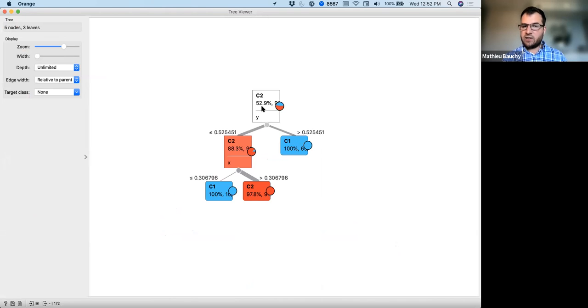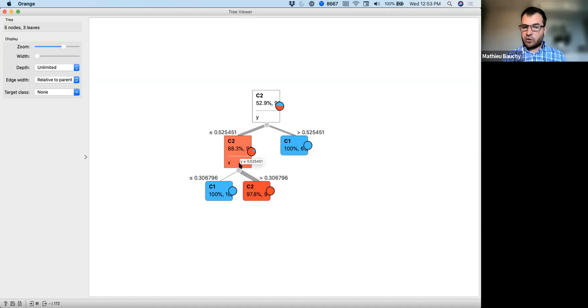For example, to classify whether a point is red or blue, it first looks at the value of y. If y is lower than 52, it will think it's mostly red. If it's higher than 52, it's going to say it's mostly blue.